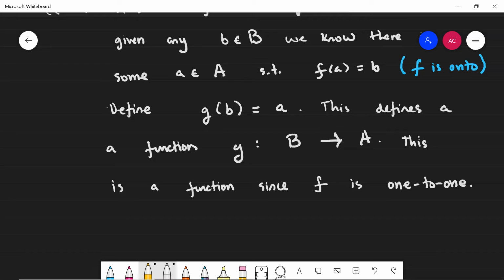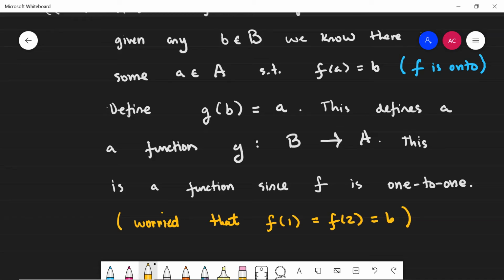Now you might ask yourself, how does f being 1 to 1 imply that g is a function? See, what you're worried about happening is something like this: that maybe f evaluated at 1 is equal to f evaluated at 2 is equal to b.